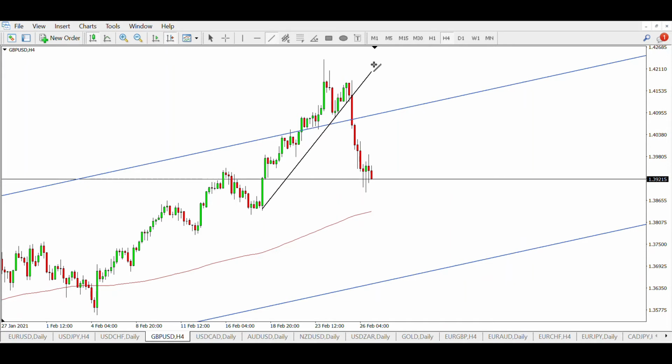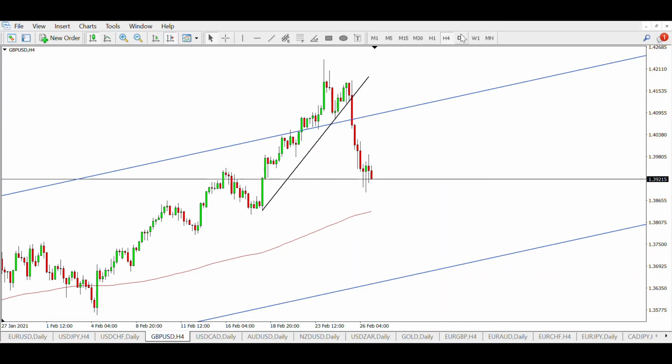Got my breakout, got my confirmation. Here's my sell. But the point is, I'm not trying to go against the trend, because this can change at any time.